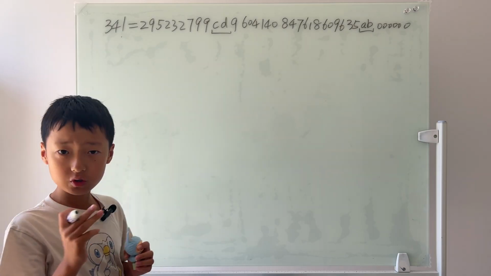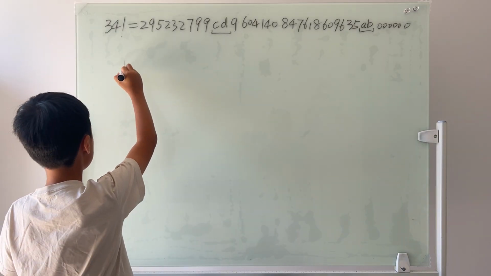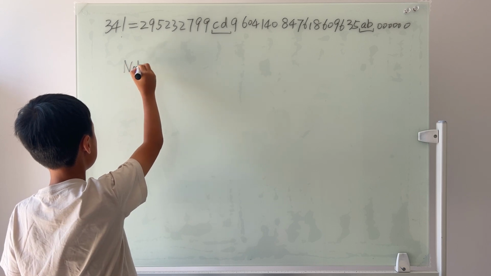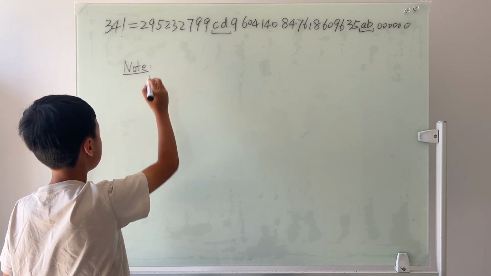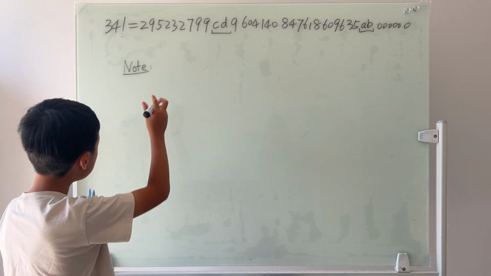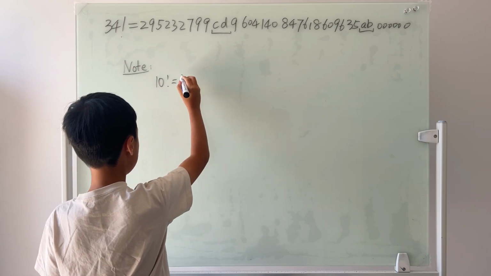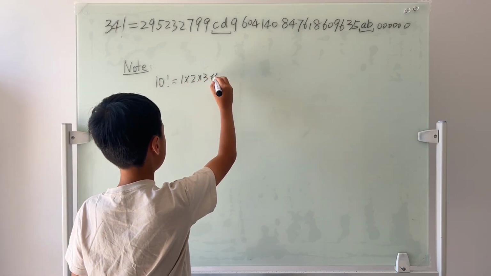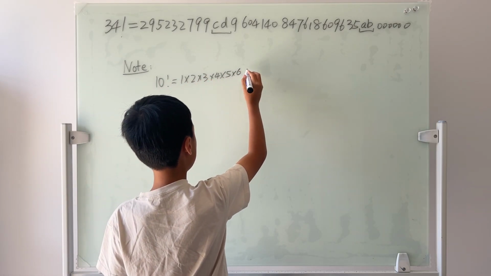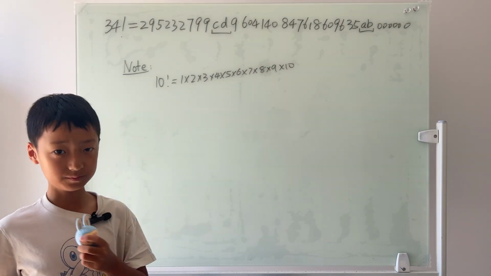Well, I'm going to first tell you a little note. So just write down note. This note is, I'm going to first write down an easier factorial, say 10 factorial. Okay, that's easy.